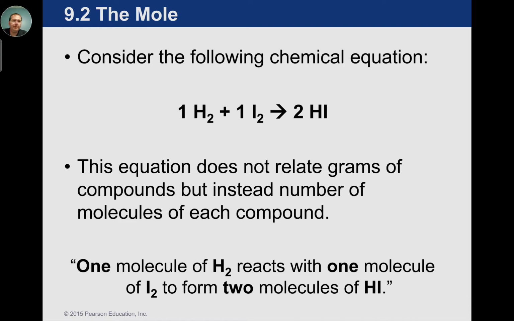So for example, as we look at this one here, we can say that 1 mole of hydrogen gas plus 1 mole of iodine can give you 2 moles of hydrogen iodide. So this idea of 1 to 1 to 2 now is just 1 mole to 1 mole to 2 moles in the end.